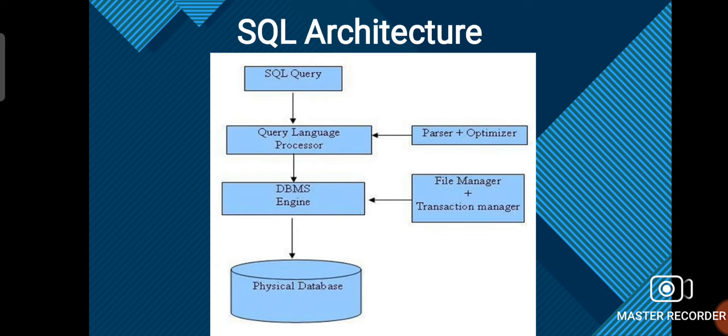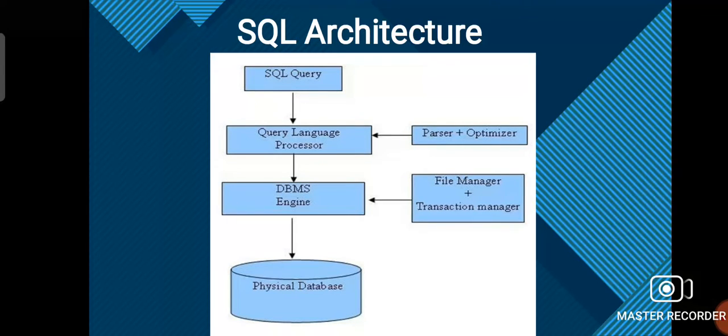The SQL query applied by the user is given to the query language processor. The query language processor consists of two modules, the parser and the optimizer. The parser is used to analyze the query and understand what is asked in the query and what the elements of the query are, and the optimizer is used to simplify the query.